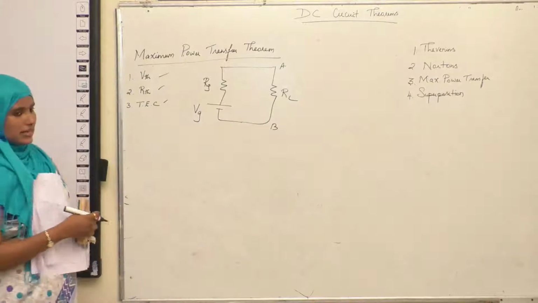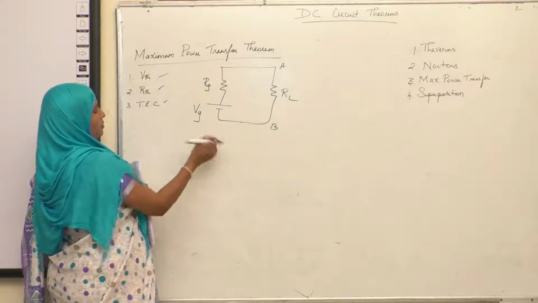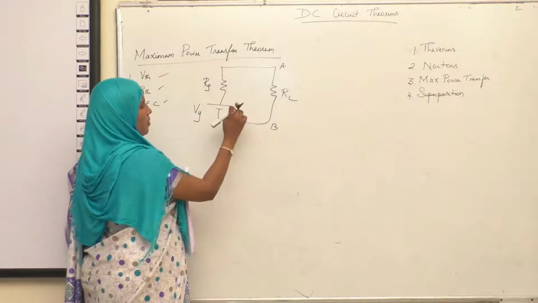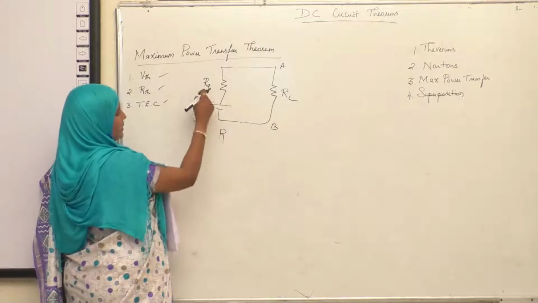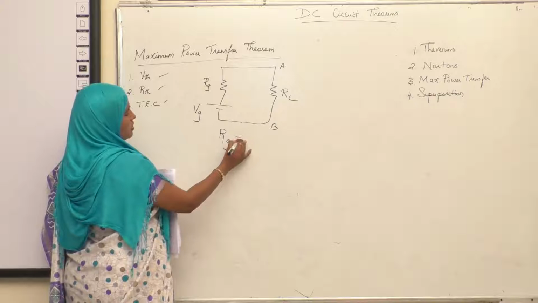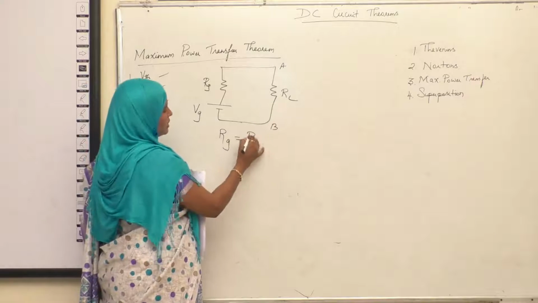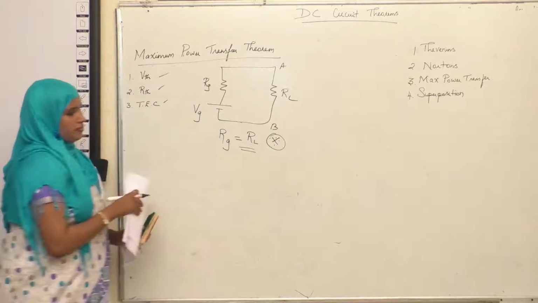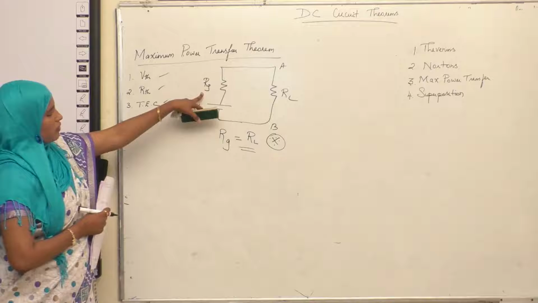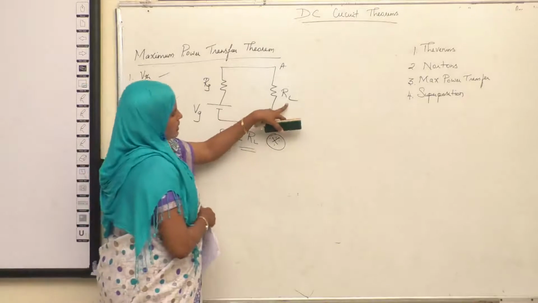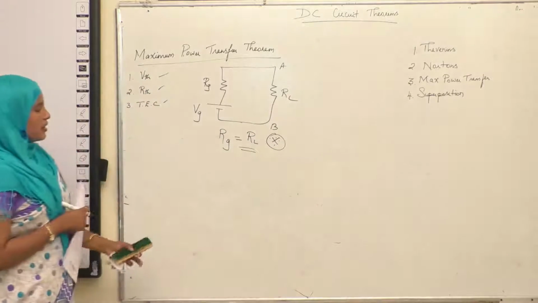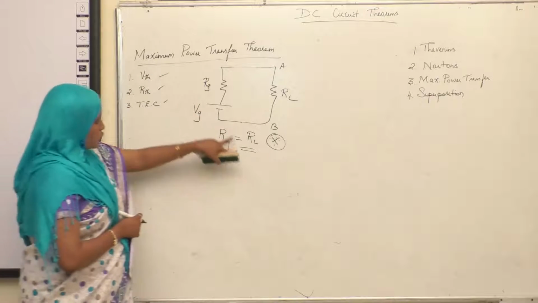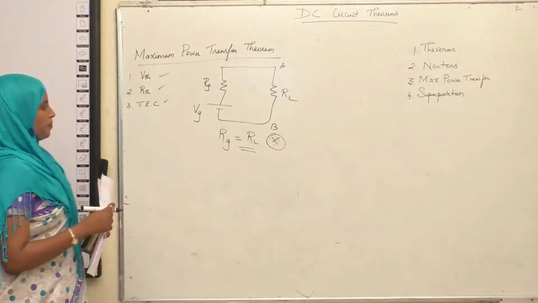So according to this theorem, the maximum power will be transferred from this voltage source to the load resistance when the internal resistance of the circuit is equal to the load resistance of the circuit. Under this condition, the maximum power will be transferred from voltage source to the load.